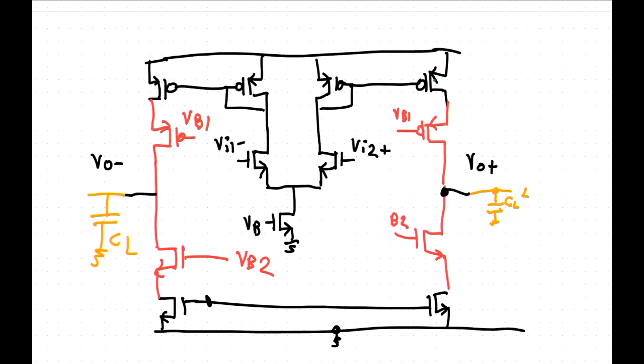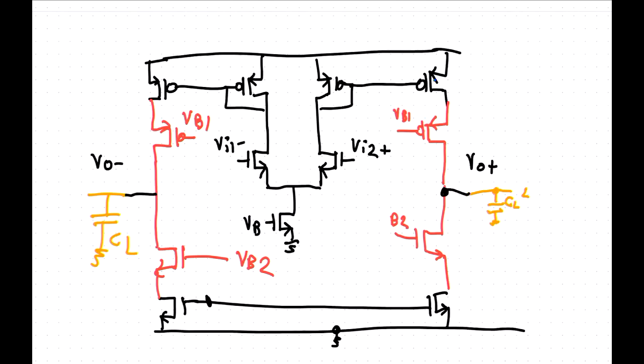The first thing we could do is to just bias it with a constant voltage. Now we come to a question. If we do that, then the current that we have flowing here, let's just make it symmetrical.